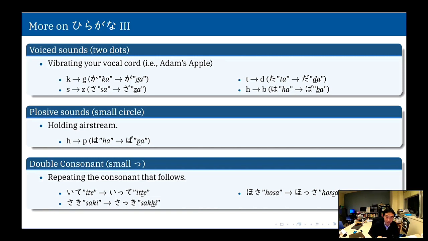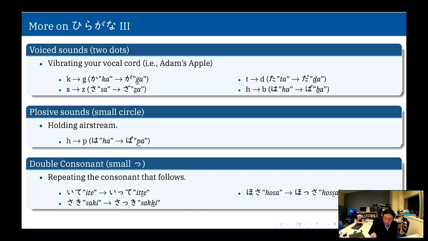The last bit of the hiragana is, I mentioned that there are 46 characters plus, and I said plus because the basic characters are 46, and we add a few more sounds by just adding a little bit to the characters we just studied.